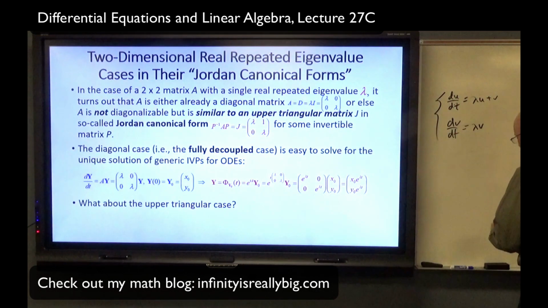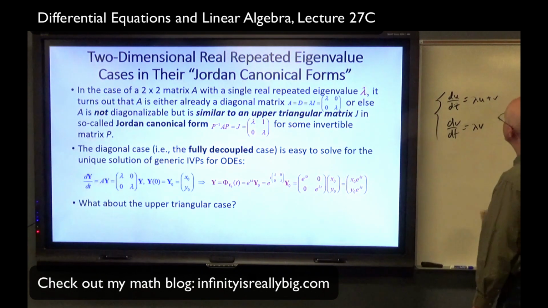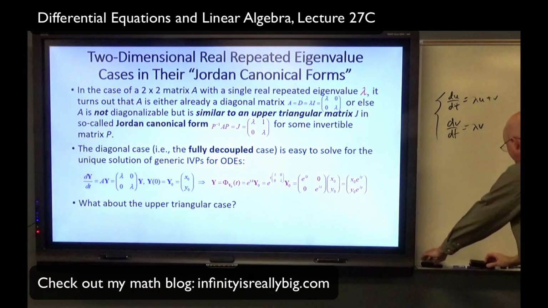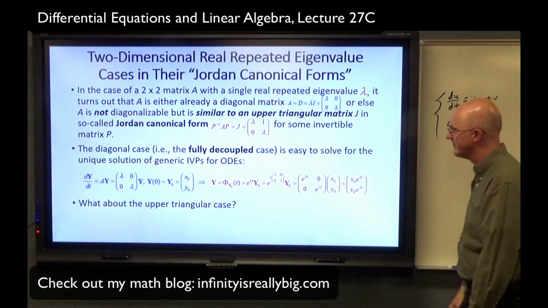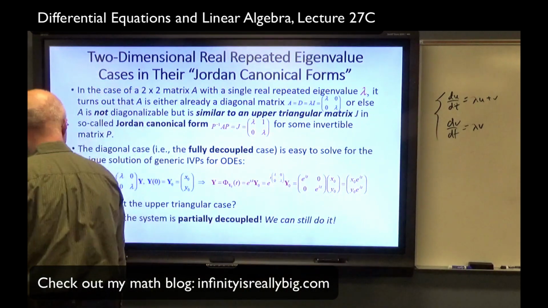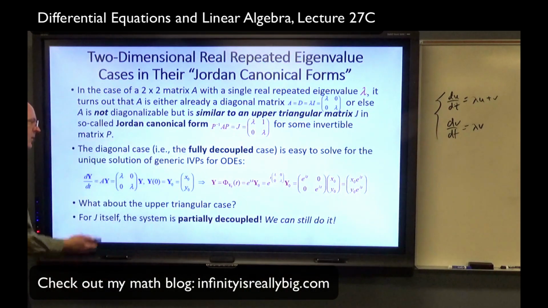You can solve the second equation for v as a function of t very easily. It doesn't involve u. Plug that into the first equation and solve for u. We're going to do that. Yes, for J itself, the system is partially decoupled. We can still do it.